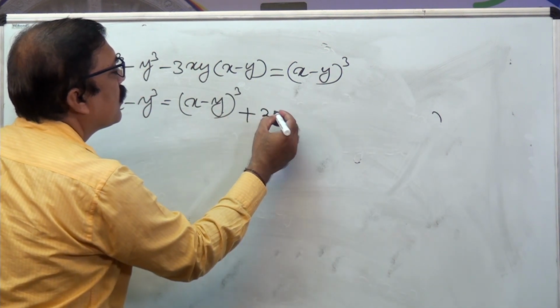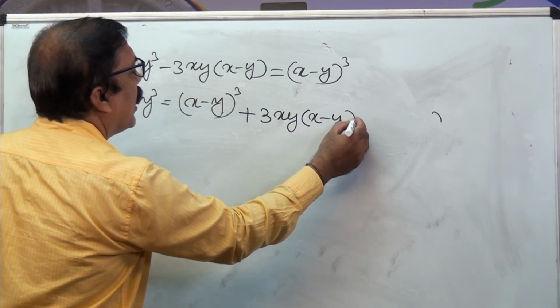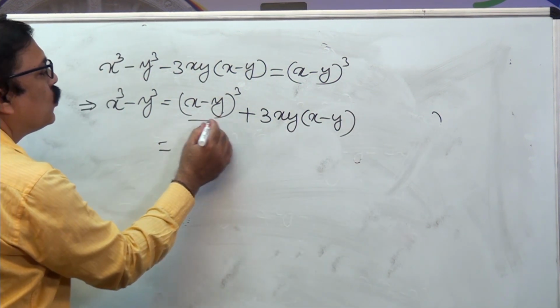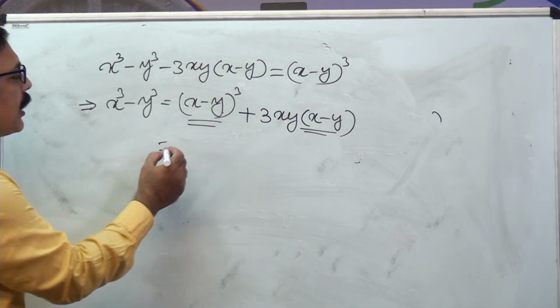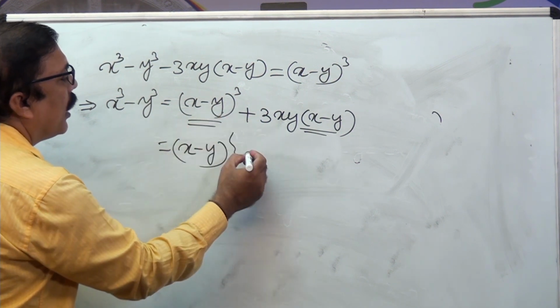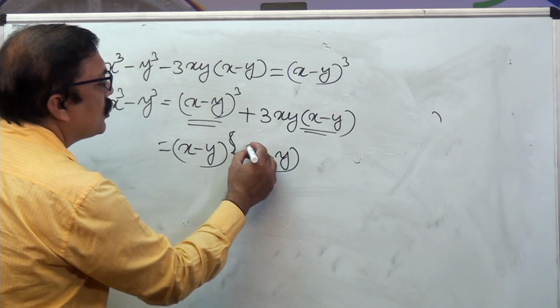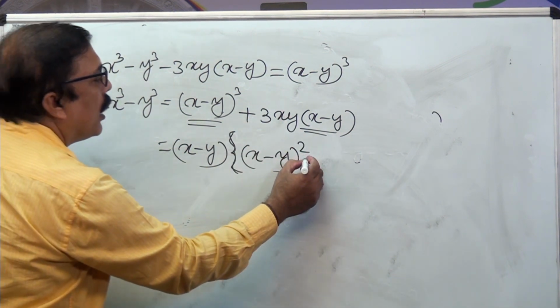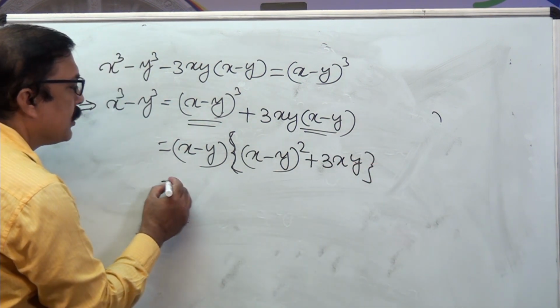That gives plus 3xy into x minus y. From these two, we have x minus y as common. Taking x minus y common, we have here x minus y whole square, and from here we have plus 3xy.